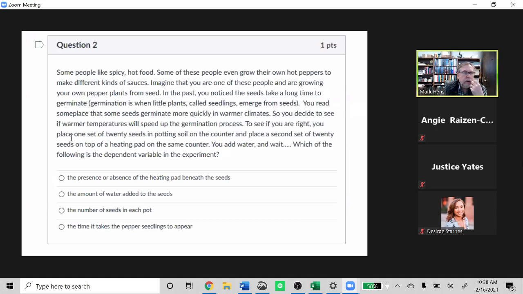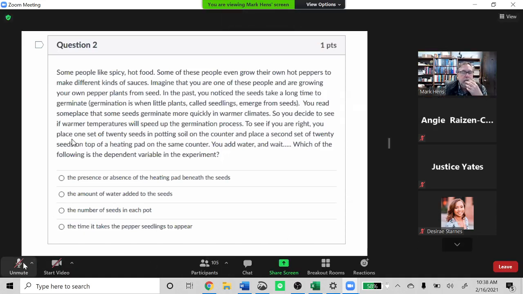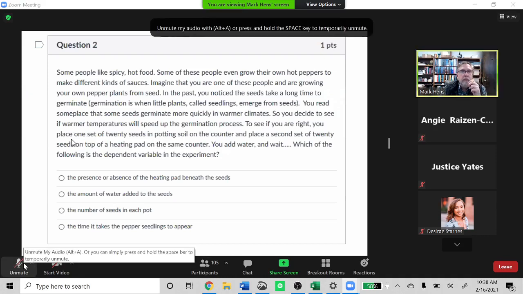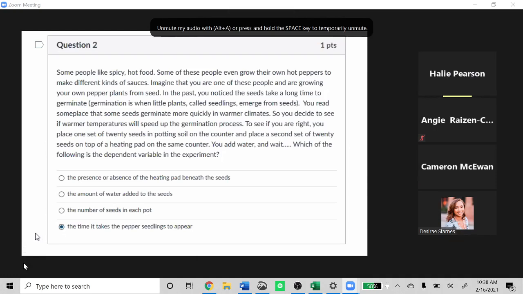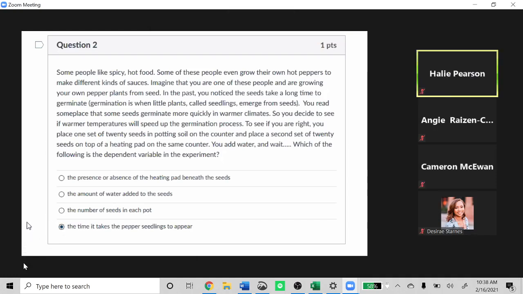You're growing peppers, some are on a heated mat, some are not on the heated mat. What are you measuring? The temperature. Okay, so you could check the temperature, but what do you want to see if the temperature makes a difference? The time. Yeah, the time it takes the seeds to germinate, right? The time it takes for the little pepper seedlings to appear.